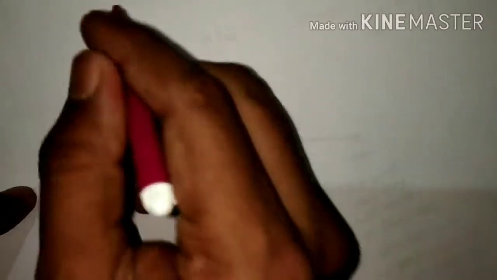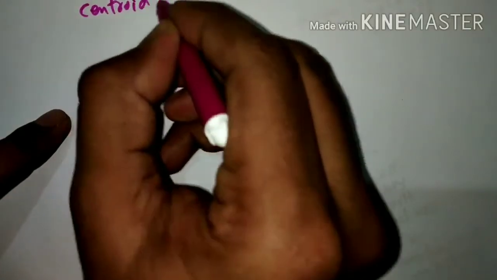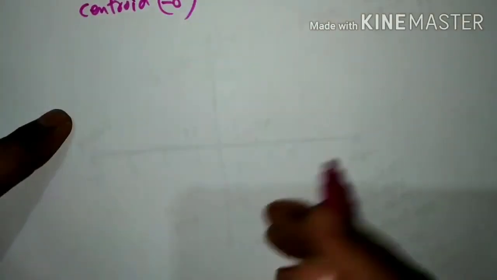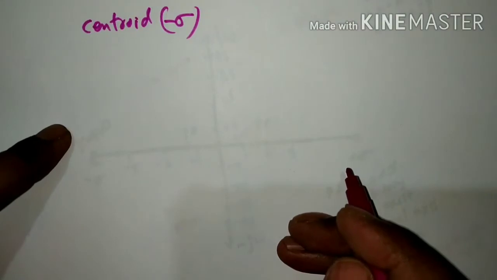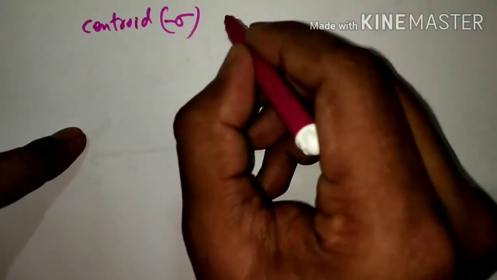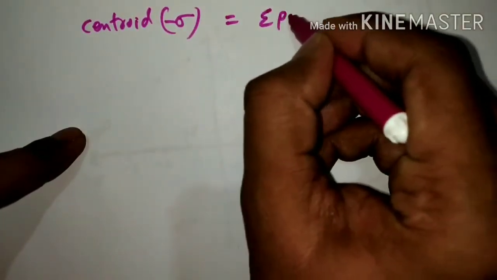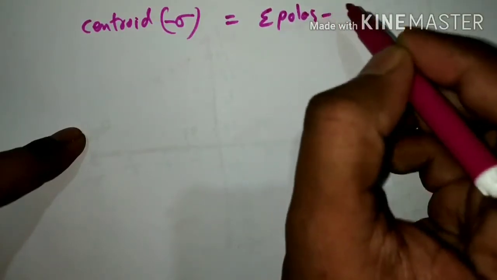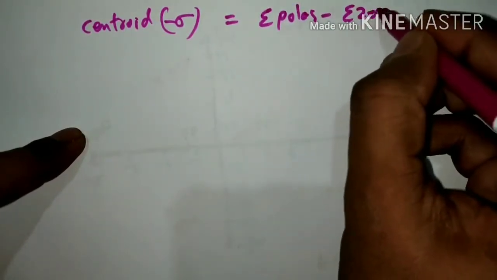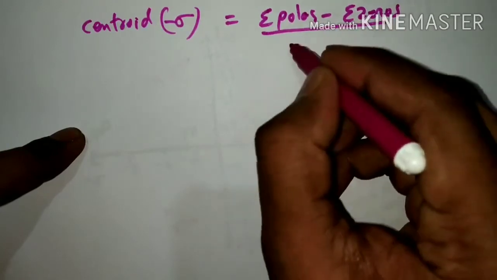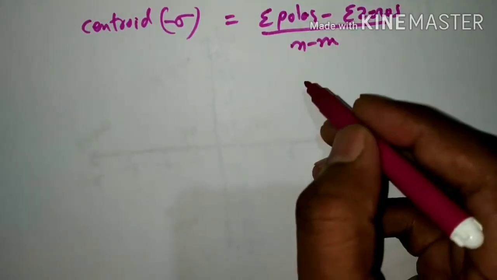The centroid we are going to represent as minus sigma. So centroid is equal to the sum of poles minus the sum of zeros, divided by n minus m.